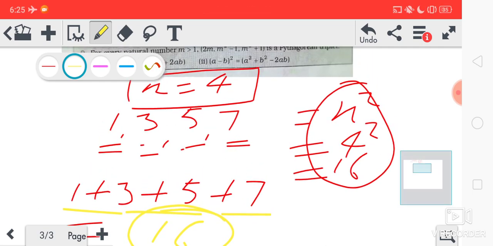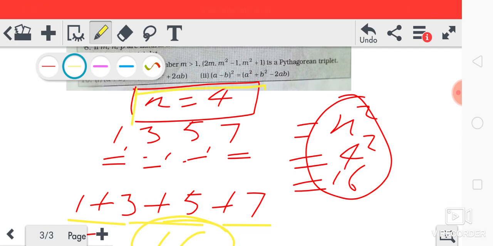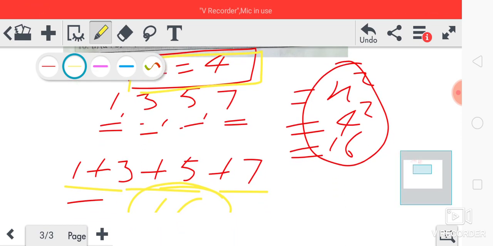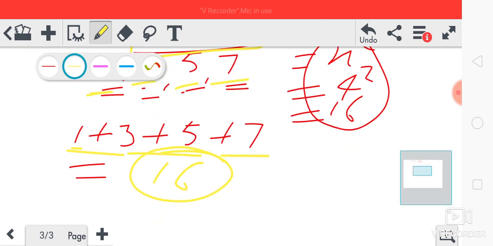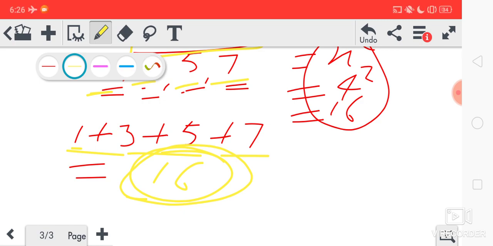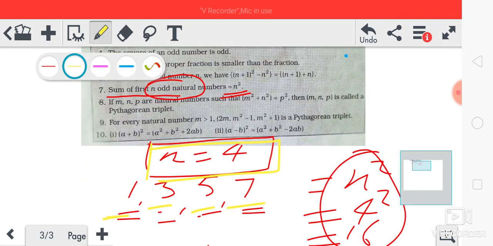The value of n we have taken is 4, that means the first 4 odd natural numbers, 1, 3, 5 and 7. We have added 1, 3, 5 and 7, and how much are we getting? 16. It is given that it is equal to n square. Can you see here?